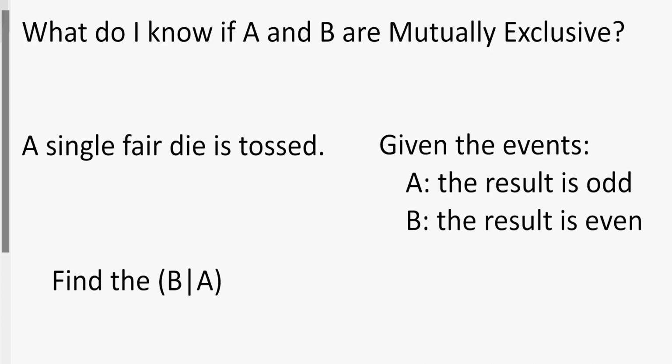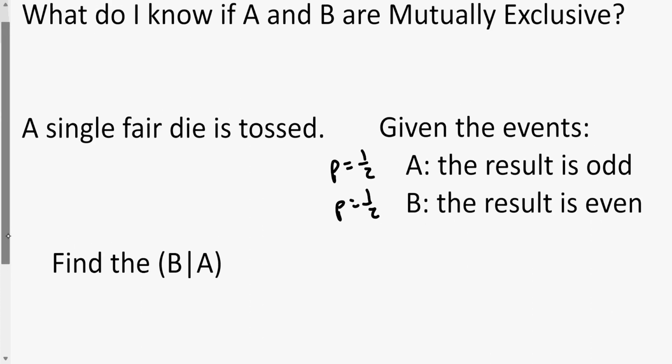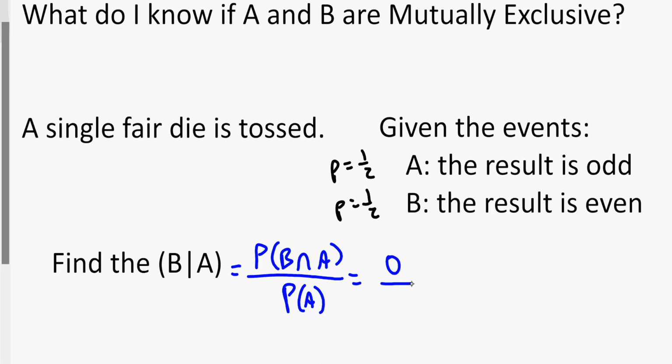So like A occurring results in odd, B occurring results in even, the probabilities are going to be 1/2. But they're mutually exclusive. So if I want to find the probability of B given A, the probability of B and A divided by the probability of A is going to be 0 over 3.